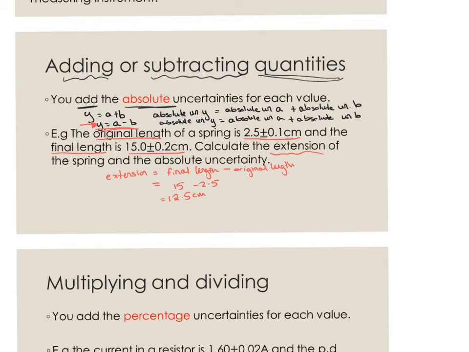But then it also asks me to calculate the absolute uncertainty of the extension. If I want to find the absolute uncertainty in the extension, then I need the absolute uncertainty of the final length, which is 0.2 centimeters, plus the absolute uncertainty in b, so the original length, so plus 0.1 centimeters, so that gives me 0.3 centimeters.